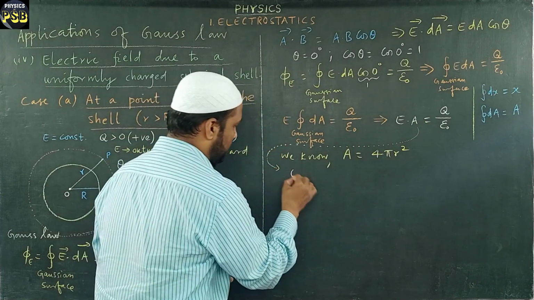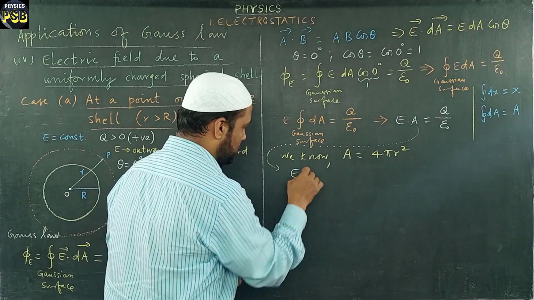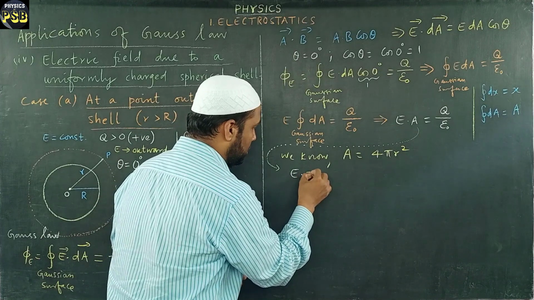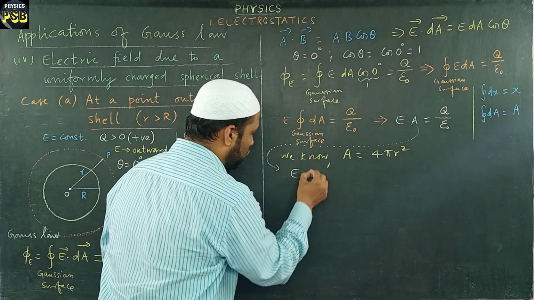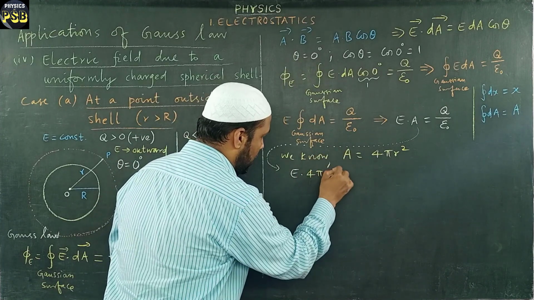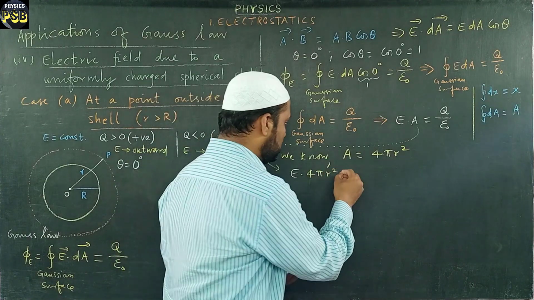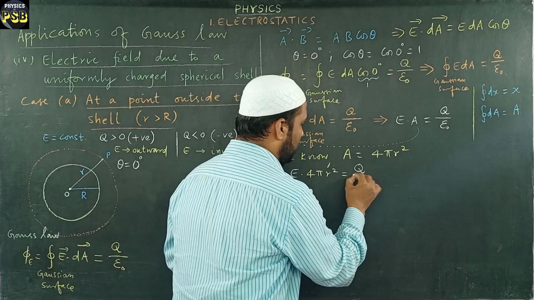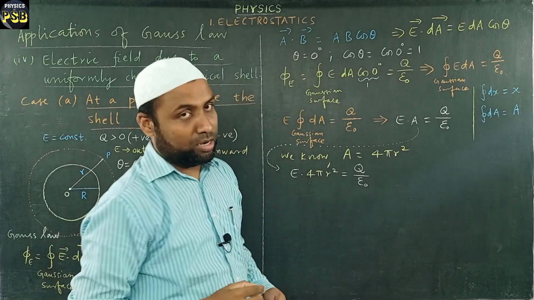In place of A, I write 4 pi r square, so E times 4 pi r square equals Q upon epsilon naught.